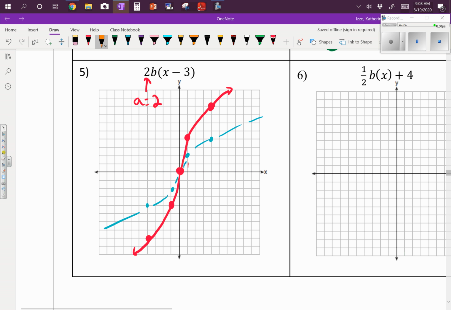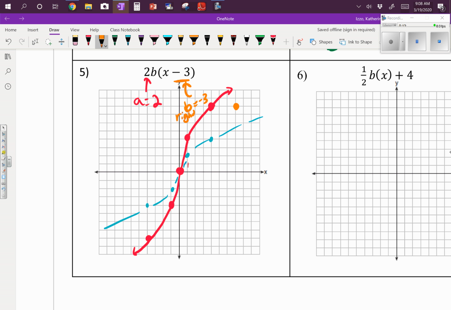We've got a B going on here. B is equal to -3, which means we have to go right. So everybody needs to march right 3 units.